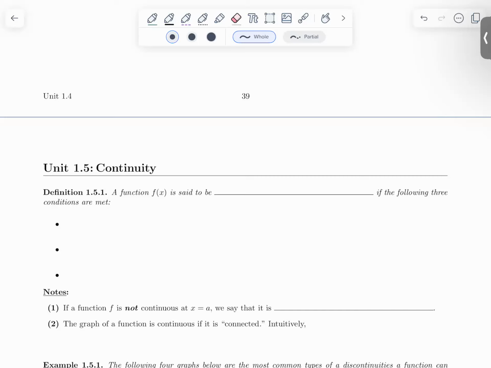So a function is said to be continuous at x equals a if the following are true. So the first thing you need is that f of a exists. If f of a does not exist, you're immediately done.